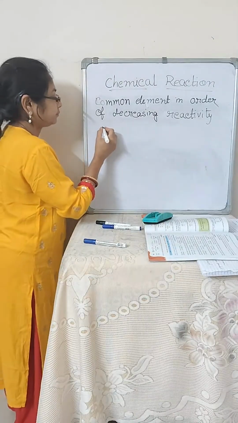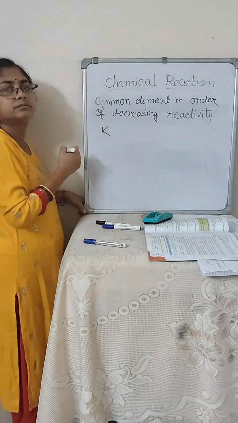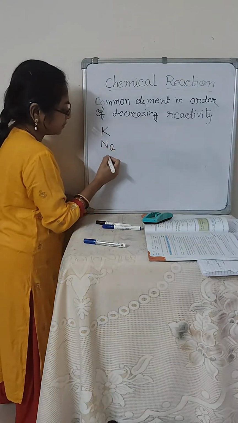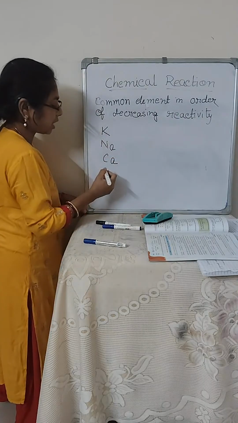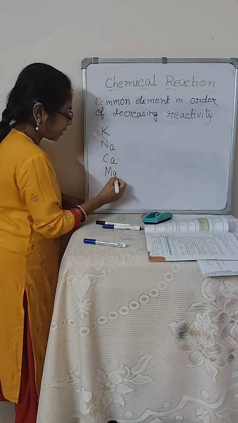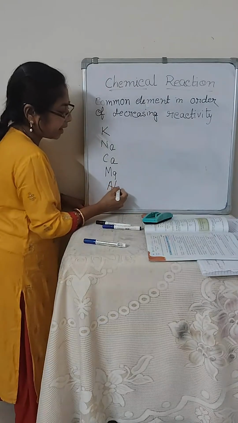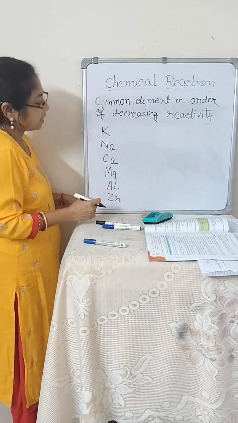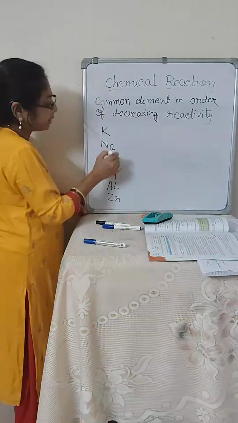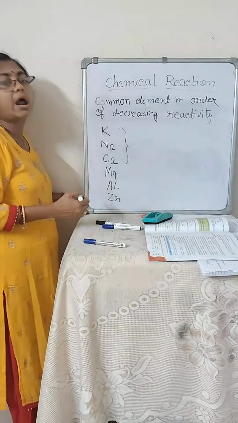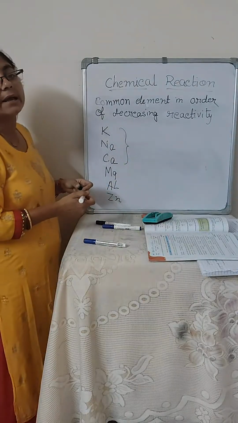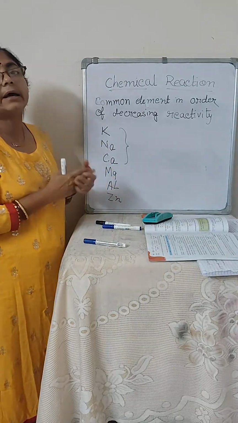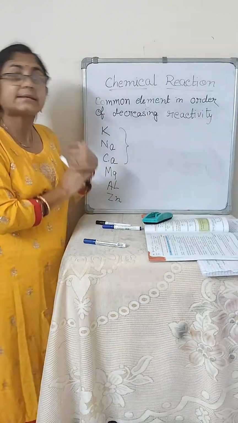First, K, potassium, Na, sodium, Ca, calcium, Mg, magnesium, Al, aluminum, Zn. First I write the first 6. Potassium, sodium and calcium, they are more active elements. They can react with water and on the other hand react with acid also.